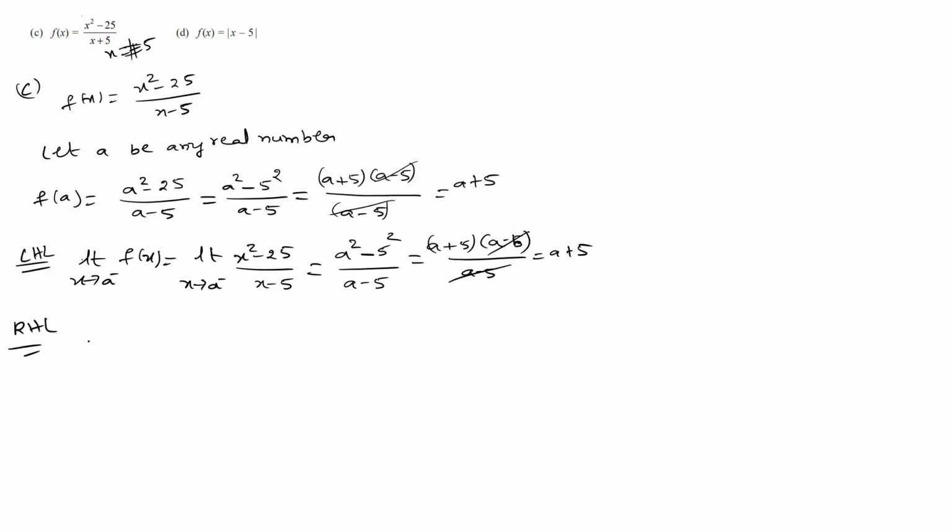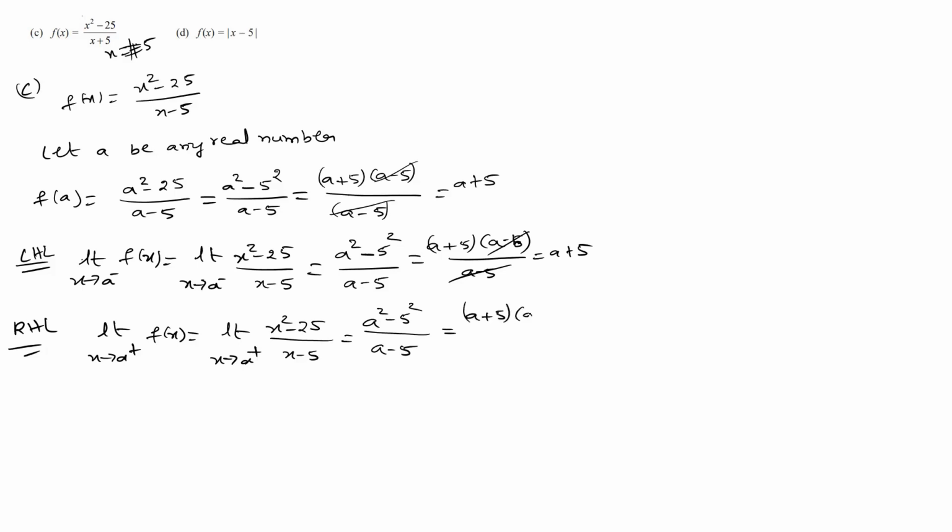Next, the RHL limit is the same. Limit x tends to a plus of f of x is x square minus 25 divided by x minus 5, which is a square minus 25, written as 5 square, divided by a minus 5, which is a plus 5 into a minus 5 divided by a minus 5.